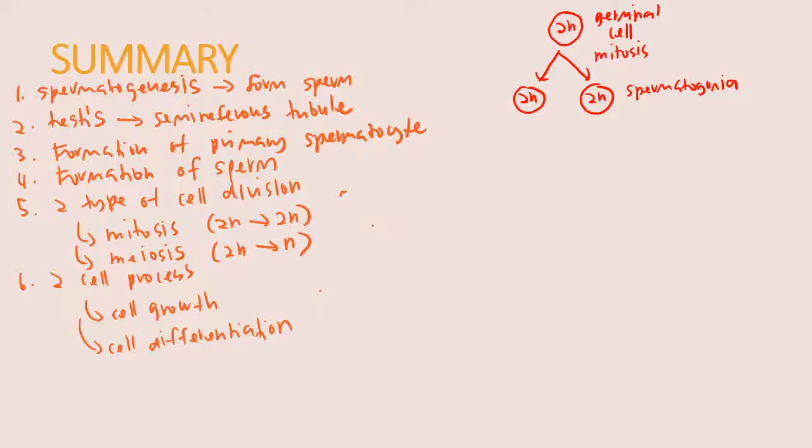The spermatogonia will then undergo growth to form a slightly bigger primary spermatocyte, which is also a diploid cell.